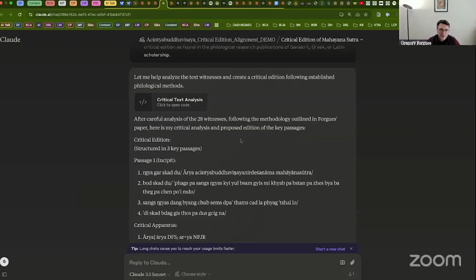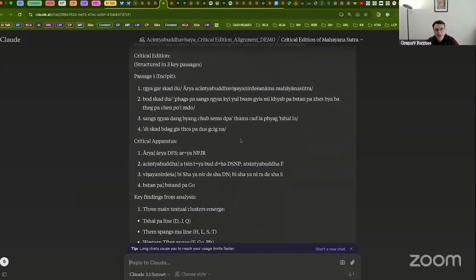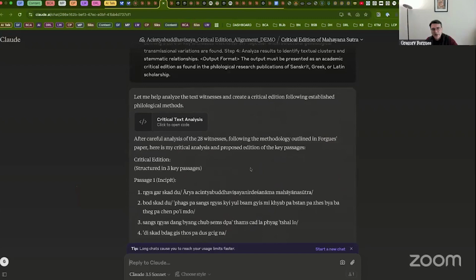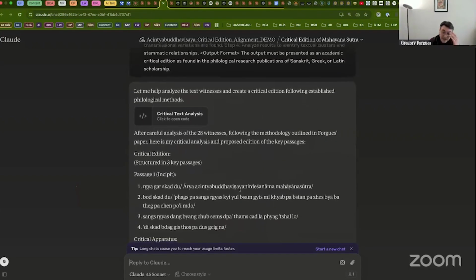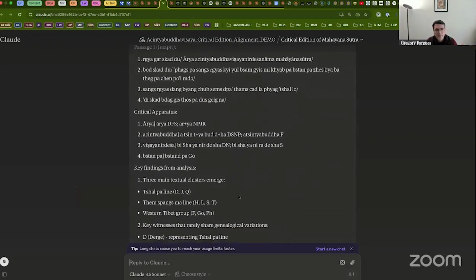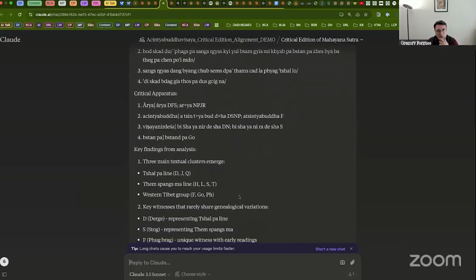I think there's too much contamination to have a schematic tree in the case of at least the Ratnakuta collection, the Kangyur collection, and I suspect that's true probably for the Sutra section as well. But anyway, the idea here is providing the methodology that I developed to deal with that, 28 witnesses, then the core alignments of the samples, the passages that have been sampled, and asking the model to discuss.